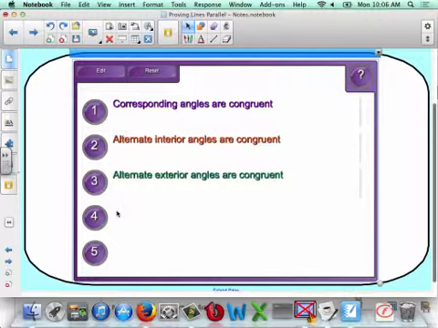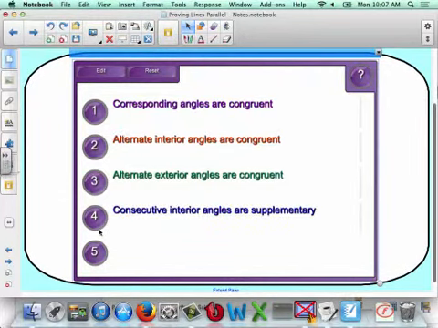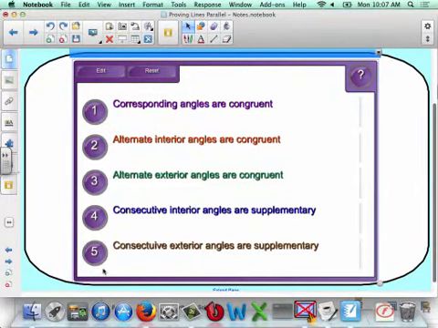You're right, they would not be congruent. What would they be? No, not perpendicular. Guys, go back to your notes if you have to. Look up the same side interior. They have to add to 180. They're supplementary. Not just the interior, but the same side exterior would also be supplementary.